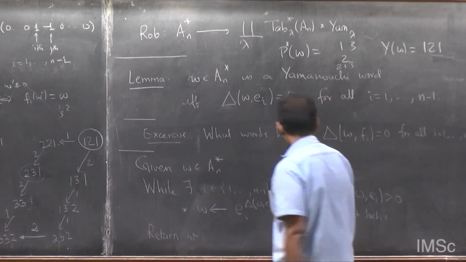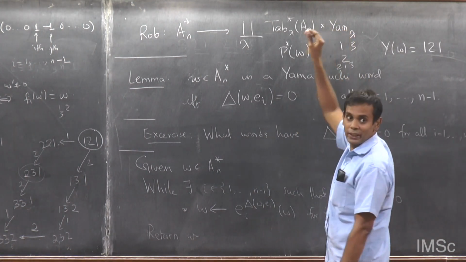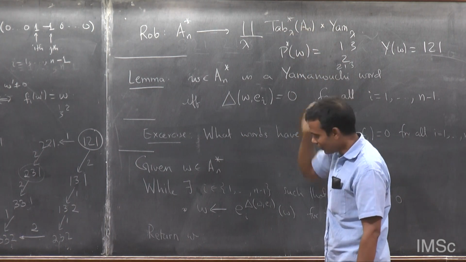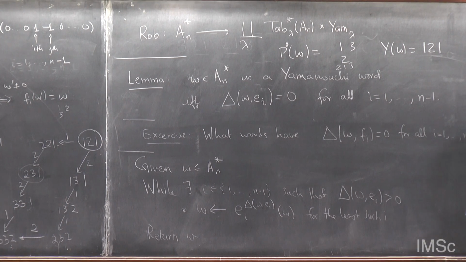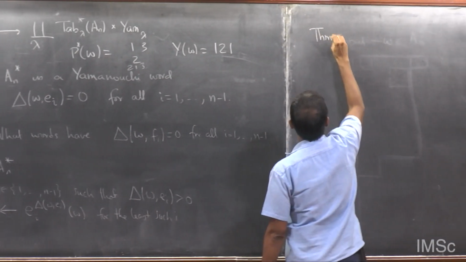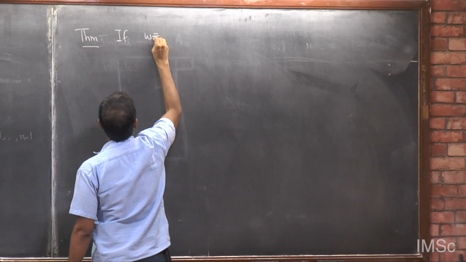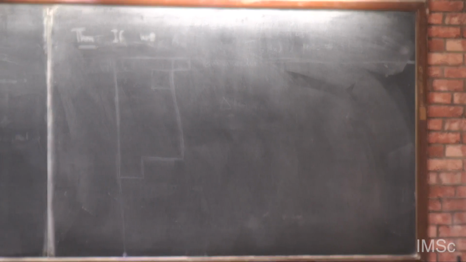So one thing about the point is that this Q star tableau will not change for a word, but I'll prove it with the Q tableau. So, theorem: let me just stick to RS.